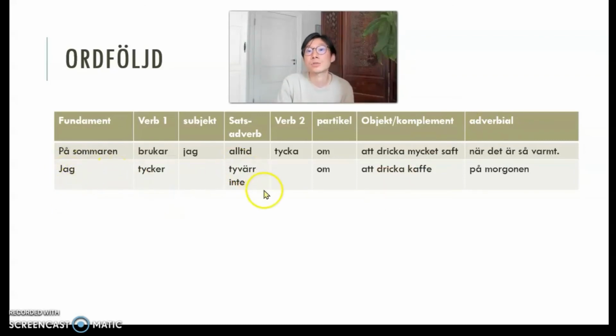Jag tycker tyvärr inte om att dricka kaffe på morgonen. I unfortunately don't like to drink coffee in the morning. So like is one word in English, but tycka om has two parts. You need to keep them in their place. Så jag tycker tyvärr inte om att dricka kaffe. In this case, never forget the particle.